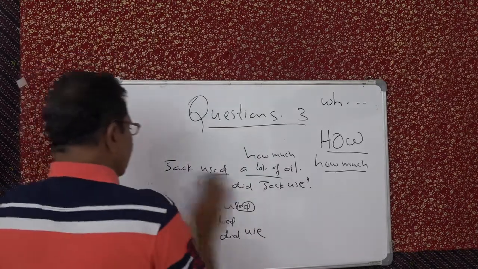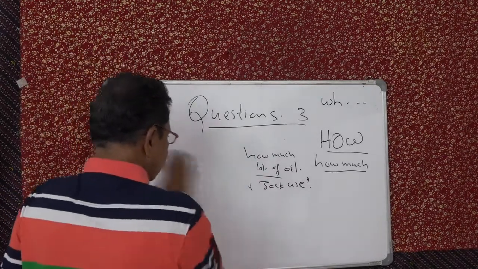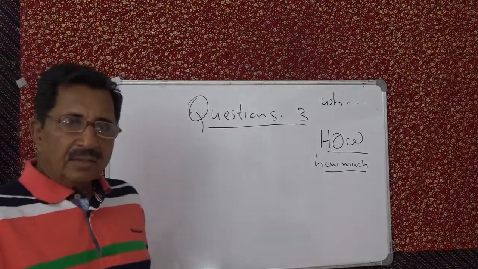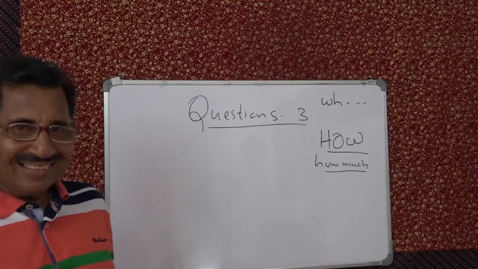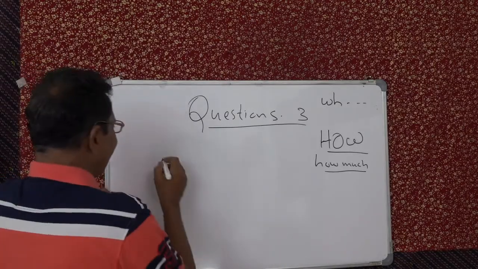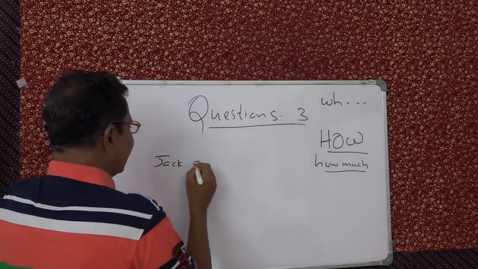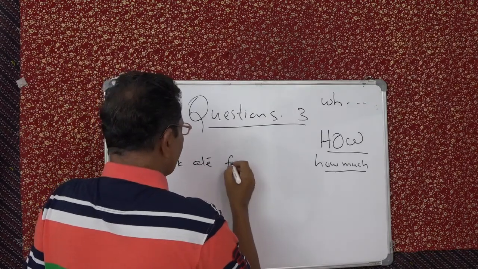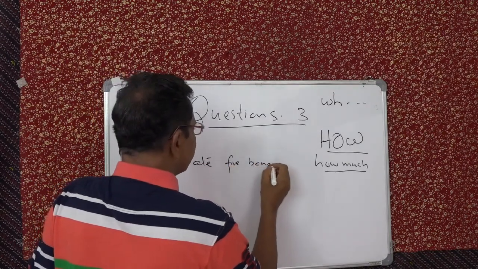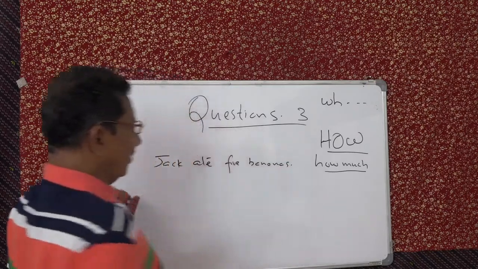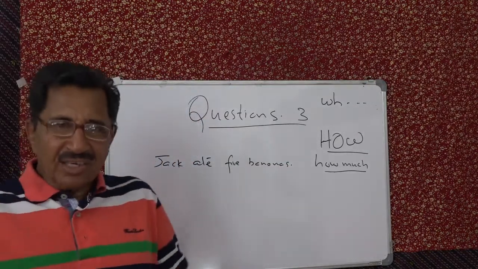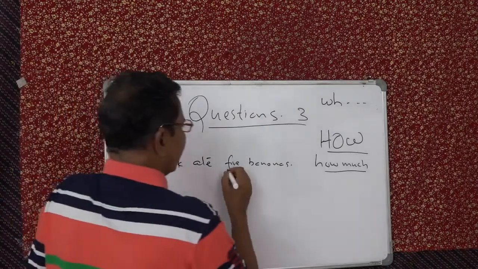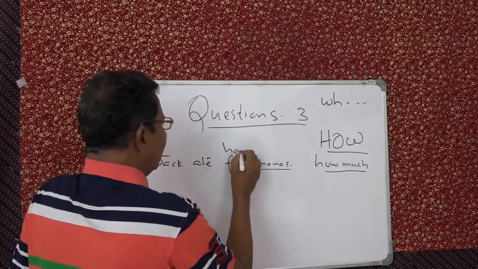Then suppose you want to know number, countable nouns. You want to talk about countable nouns. Then what will you say? So Jack, are you tired of Jack? Jack ate 5 bananas. Jack, although he is a small fellow, he eats too much. He ate 5 bananas. Then you want to know how many. So how many?